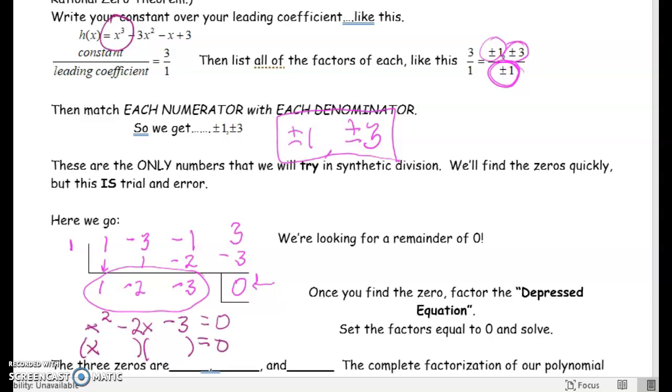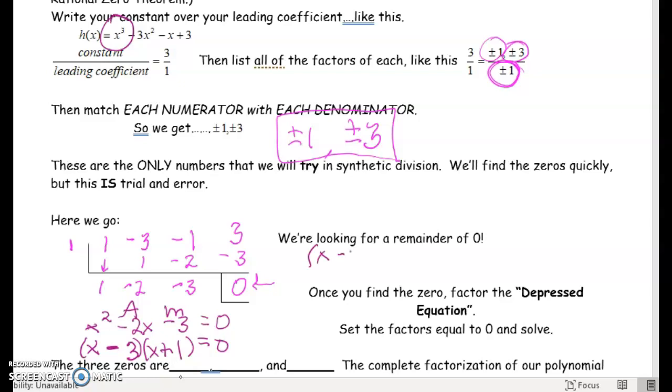So we have x and x gives you the x squared, two numbers that multiply together to give you negative 3, add together to give you negative 2. So that would be a negative 3 times a positive 1. They multiply together to give you negative 3, but they add together to give you negative 2. So these are the factors.